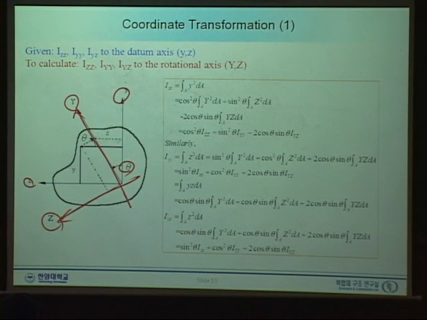Again, for Y and Z we have IYY, IZZ, and IYZ, and we have another new axis which is rotated from the YZ axis by theta. Then we calculate these three moments of inertia.